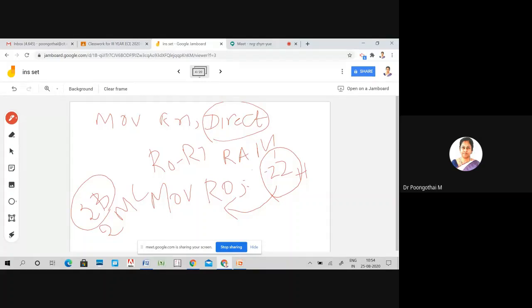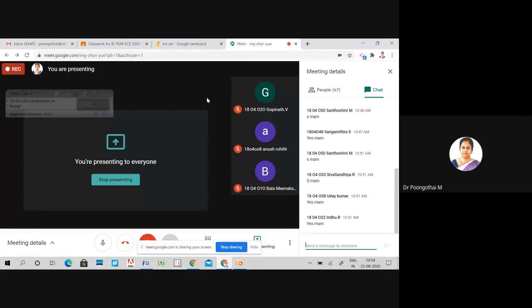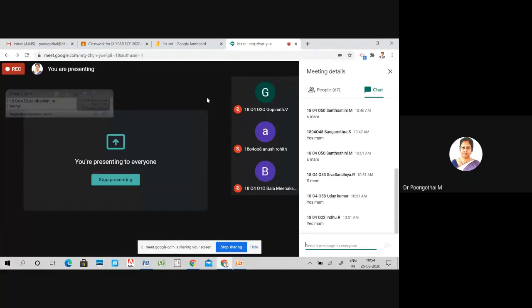Actually, move the data from internal RAM whose address is given in the instruction to the register specified in the instruction. Is it clear, students? Any doubts up to this? Any doubts? Yes or no?